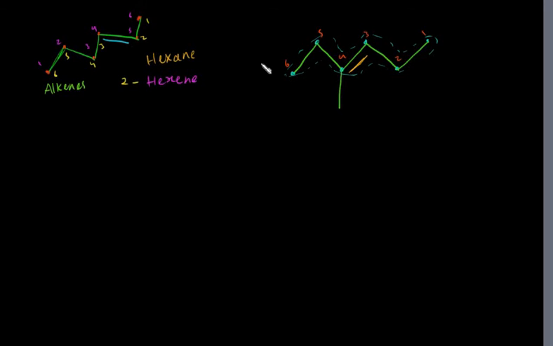If we count from the right side, it should be 1, 2, 3, 4, 5, 6. Now let's have it from the opposite side. It will be 1, 2, 3, 4, 5, 6. As you can see, in both ways the double bond will be between 3 and 4. So what else can I do? If both sides are the same, I need to choose the side depending on the branch.